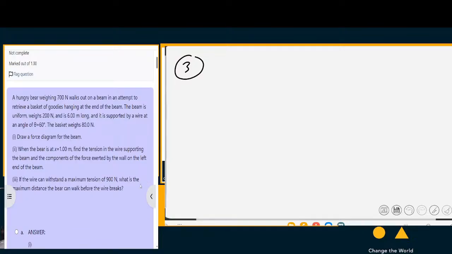But first I want to show you the situation itself. I think I have the problem with the illustration. I'm looking for the illustration with the bear.